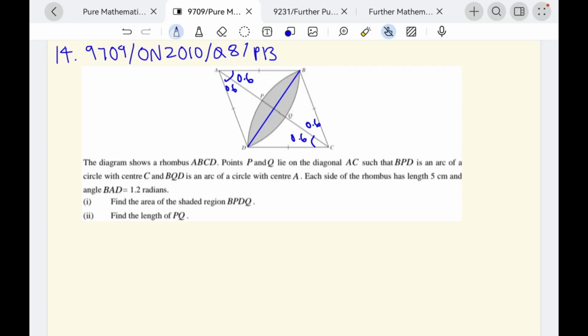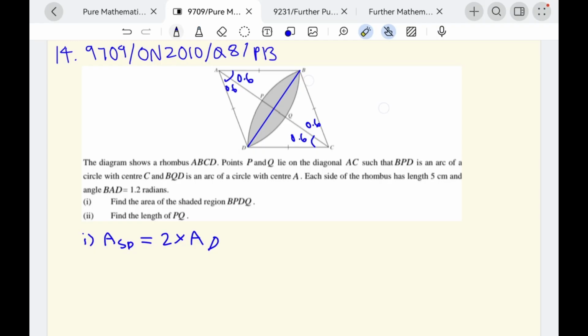The area of the shaded region is basically twice the area of a segment. Why are the two segments identical? Because they have the same radius as well as the same length of chord.